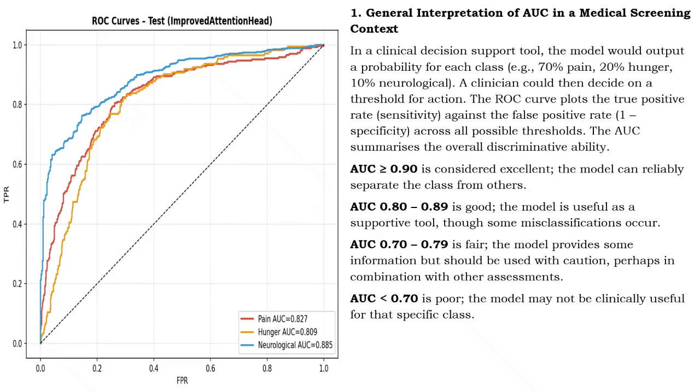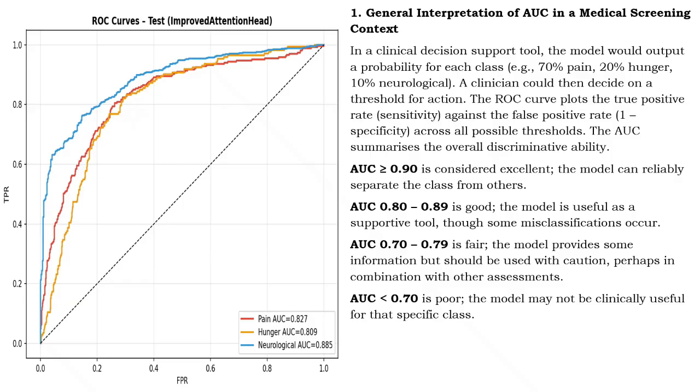Okay, so let's look at the general interpretation of AUC in the medical screening context. In the clinical decision support tool, the model would output a probability for each class, for instance, 70% pain, 20% hunger, 10% neurological. A clinician could then decide on a threshold for action.